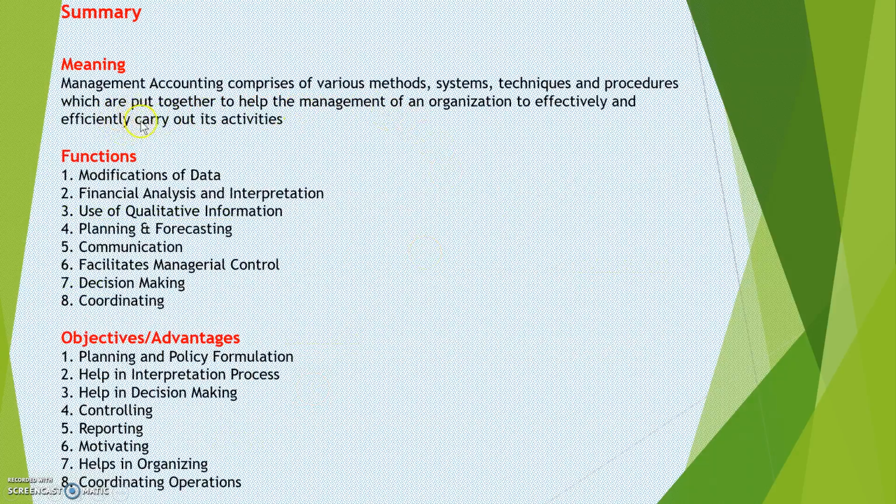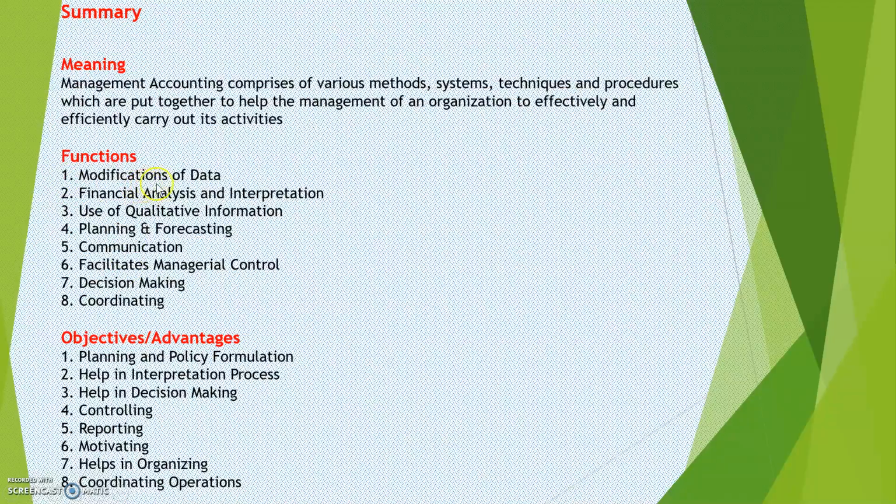So summarily we can see this entire topic. That is first one, meaning. So management accounting comprises various methods, systems, techniques and procedures which are put together to help the management of an organization to effectively and efficiently carry out its activities. Then functions.